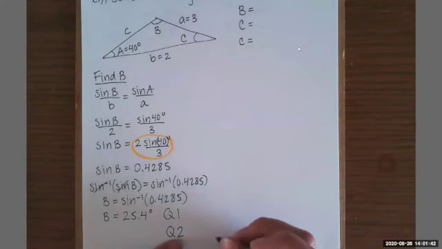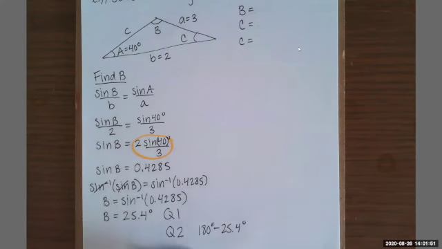Okay, so in general, the angle in quadrant 2 is going to be 180 degrees minus this angle. So what I'm going to do here is put a little b1 for our solution in quadrant 1 and then b2. This is 180 minus 25.4, which is 154.6.